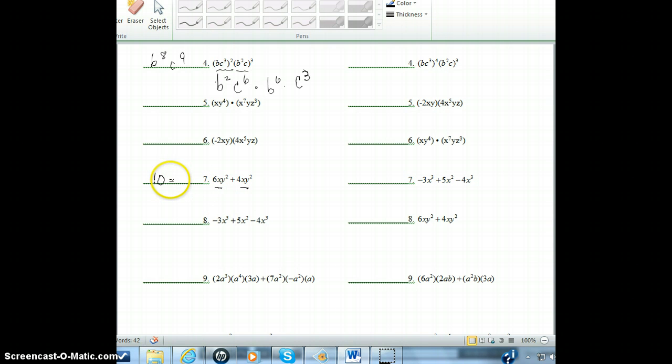So it's part of the answer, x y squared. So you add the coefficients and you keep this part here because this is what it's related to. This is xy squared plus xy squared. So that's it for now.